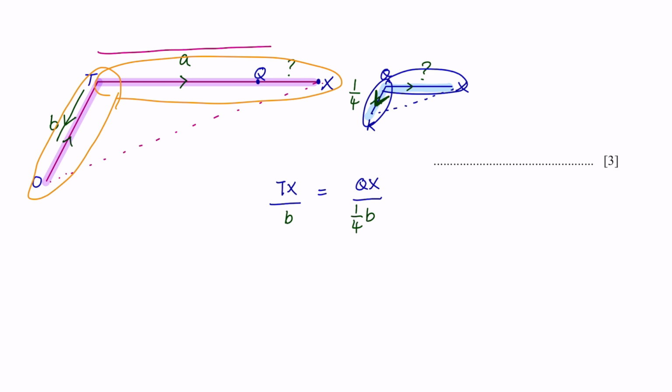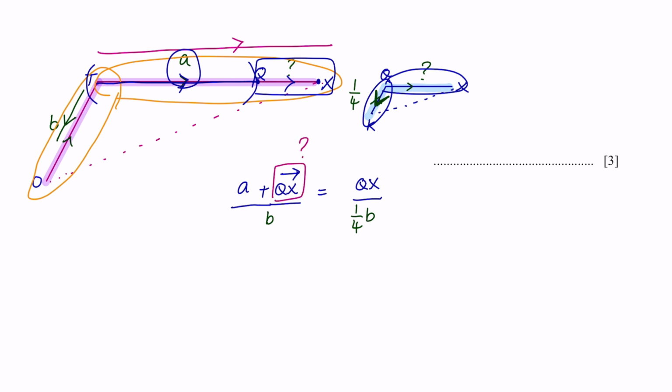And we know that TX is TQ, added with QX. And we know that TQ here is a. Okay, now we can simplify this to find out what is the vector of QX. Both sides have b, we will cancel them out. And when we bring 1 over 4 to this side, we will get this. Now let's open the bracket and rearrange this.